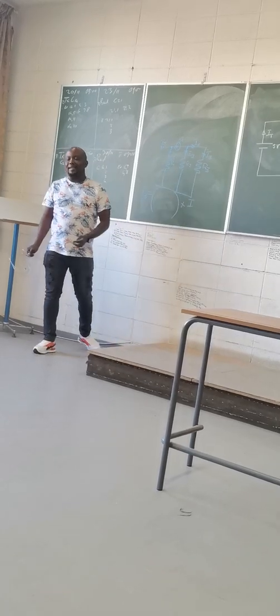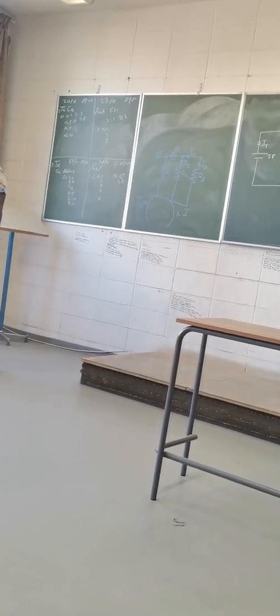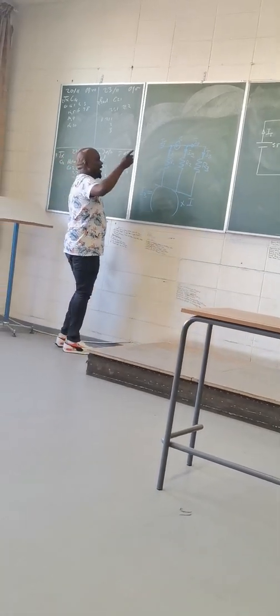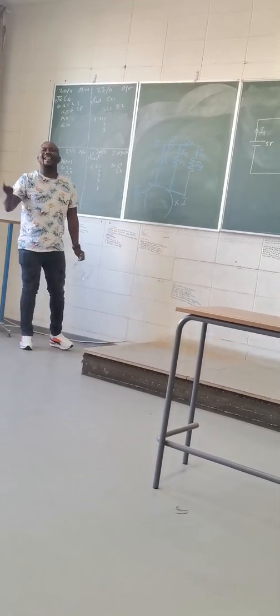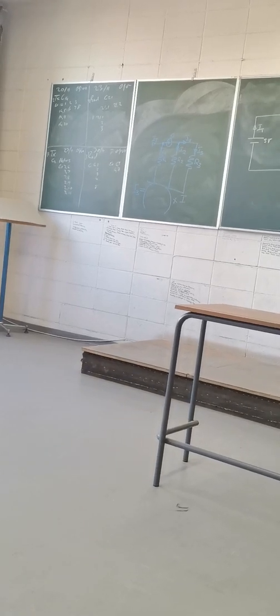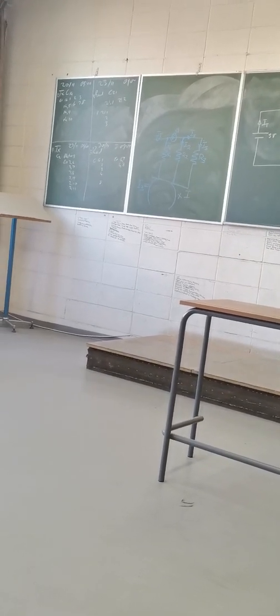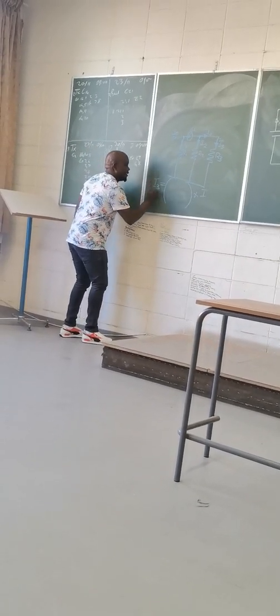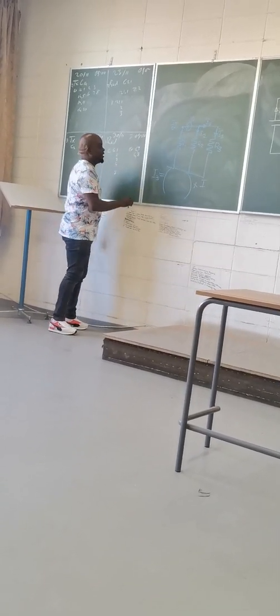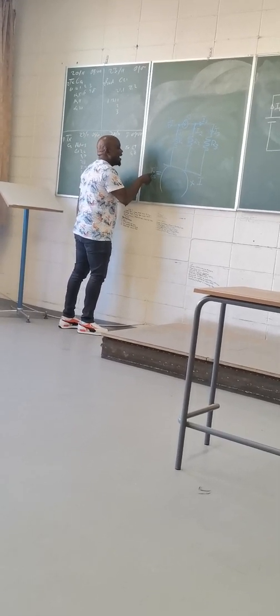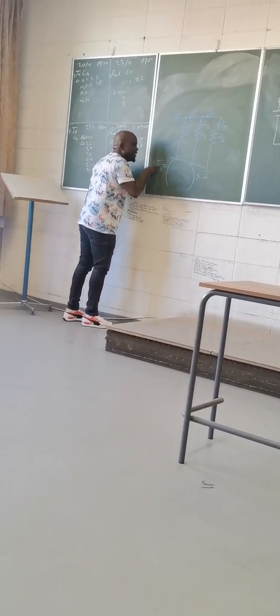Why? Because the current divider is based on the current at which it has been split. This current must be determined based on the current at which it has been split.